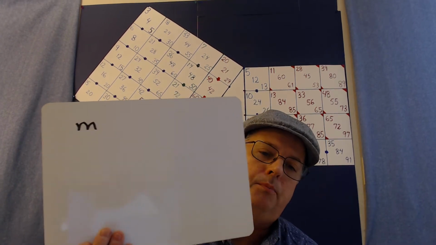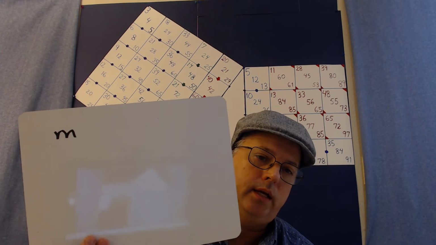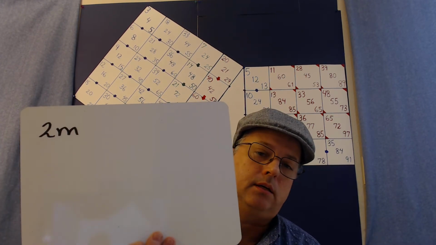Recall that when we have a number m, say it's 3, then we say 2 times 3, and that gives us 6. So if m equals 3, then 2 times 3 equals 6, and we have an even number.